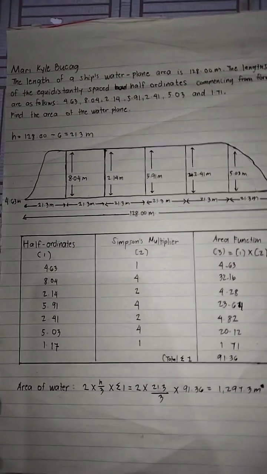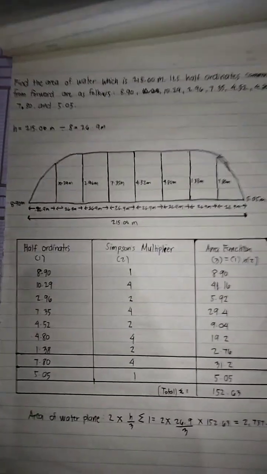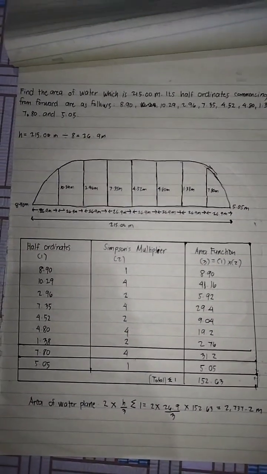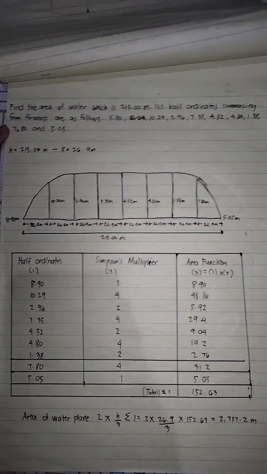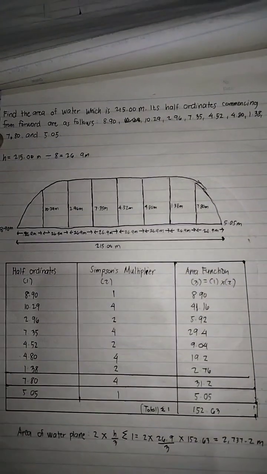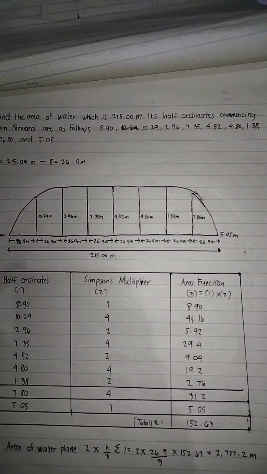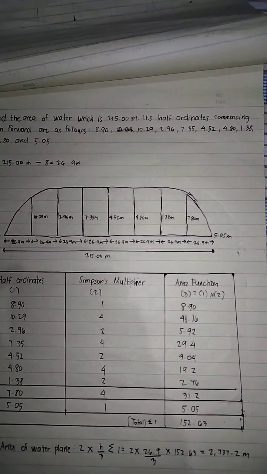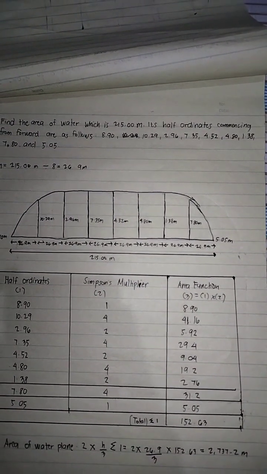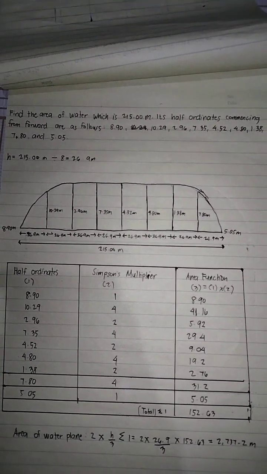So let's move on to the next sample problem. Let's read it. Find the area of the water plane which is 215.00. Its half ordinates commencing from forward are as follows: 8.90, 10.29, 2.96, 7.35, 4.52, 4.80, 1.38, 7.80, 5.03, and 2.05.